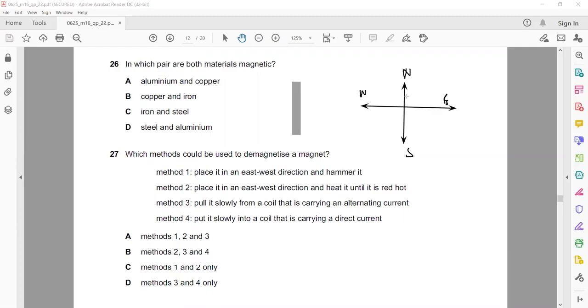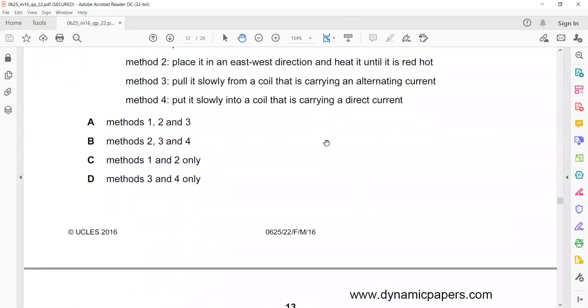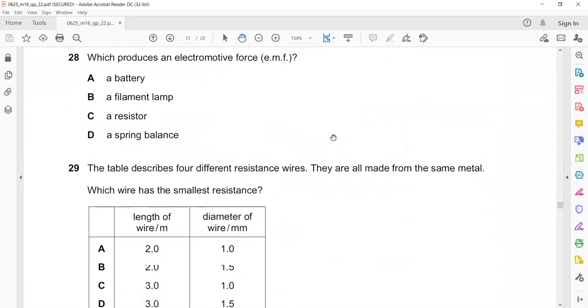So Earth's magnetic field will magnetize it if you place it in north-south direction. To cancel out the effect of Earth's magnetic field, we place it in east-west direction. Otherwise, Earth's magnetic field might magnetize this magnet, and the material we are demagnetizing might not demagnetize completely.